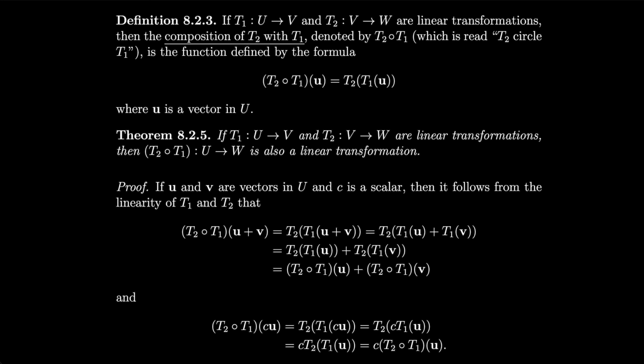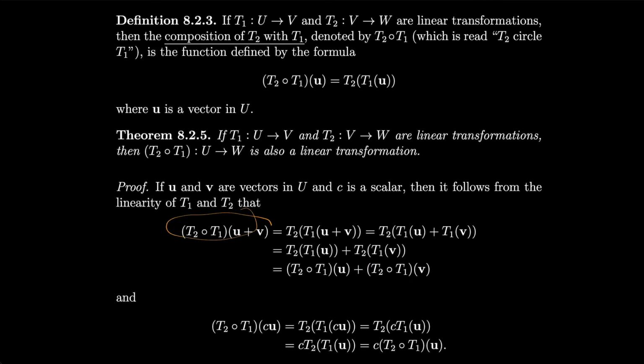Let's prove this. If u and v are vectors in U, and c is a scalar, then it follows from the linearity of T1 and T2 that we can take T2 circle T1 of u plus v and rewrite it as T2 of T1 of u plus v. But T1 is linear, so T1 inside of T2 splits up as T1 of u plus T1 of v, and then T2 can split because T2 is also linear, so that splits as T2 of T1 of u and T2 of T1 of v, which is the same thing as T2 circle T1 of u and T2 circle T1 of v.